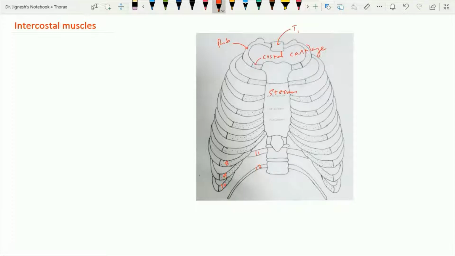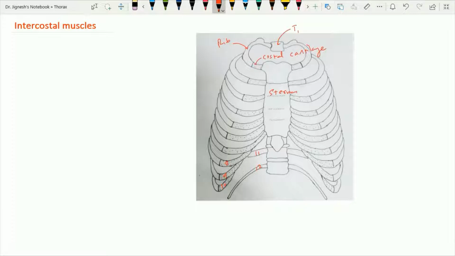So these 12 ribs enclose 11 intercostal spaces, and out of these, the upper 9 intercostal spaces are complete, while the lower 2 are open anteriorly because the 11th and 12th ribs are floating.